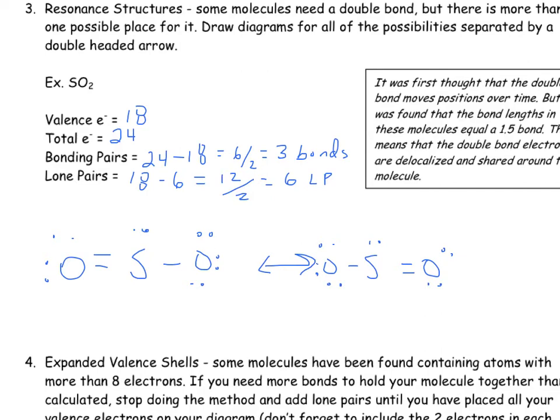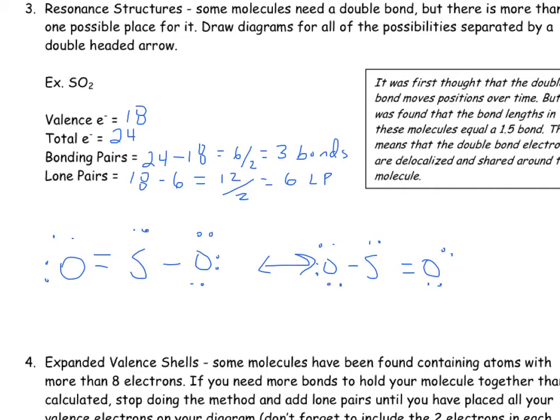It was first thought that the double bond moved positions over time, flipping back and forth between the oxygens. And that's why we have this notation showing both possibilities with a double-headed arrow in between. But it was found that the distance between the atoms was actually exactly the same, and that's known as bond length, and that it was actually in between an SO single bond and an SO double bond.